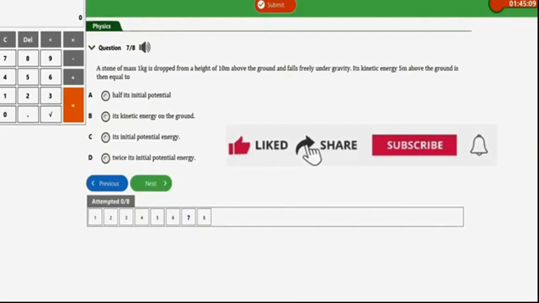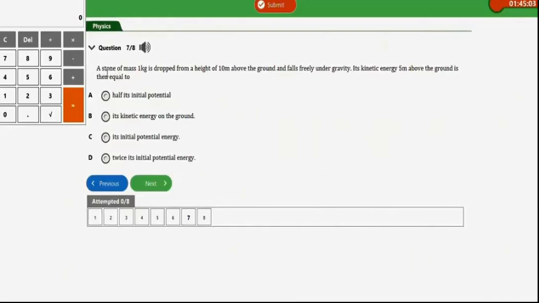So this question says a stone of mass 1 kg is dropped from a height of 10 meters above the ground and falls freely under gravity. Its kinetic energy 5 meters above the ground is then equal to what? A, half its initial potential energy. B, its kinetic energy on the ground.